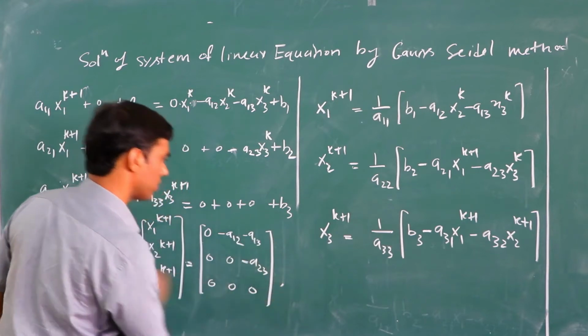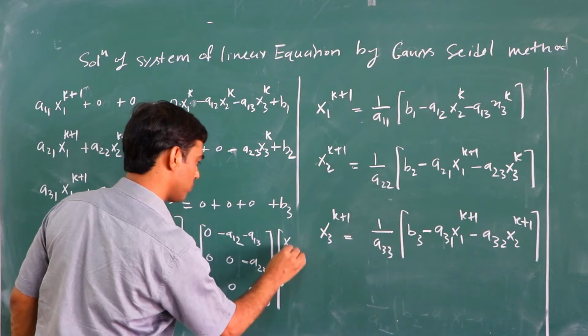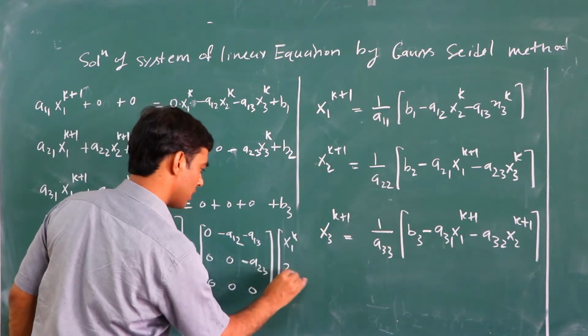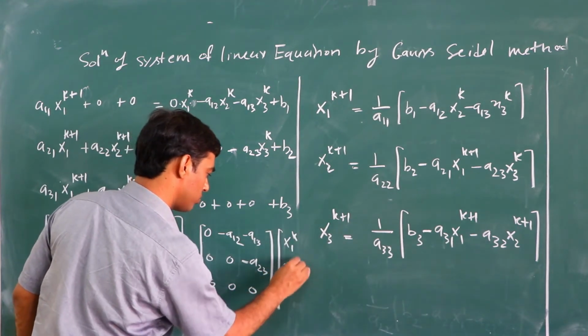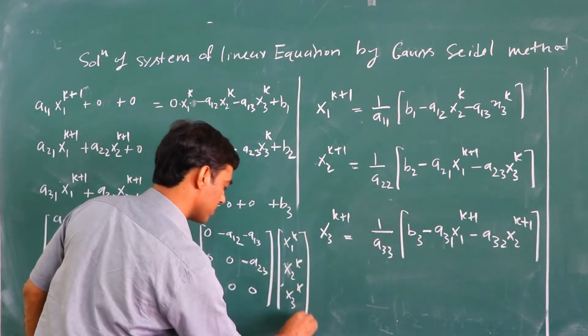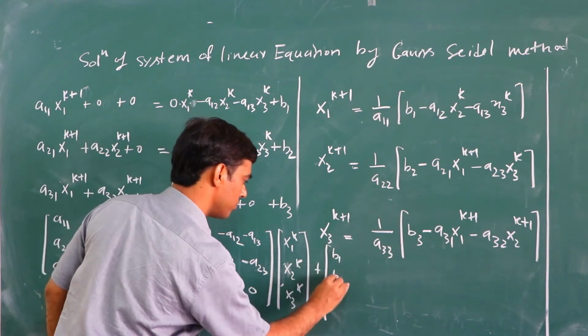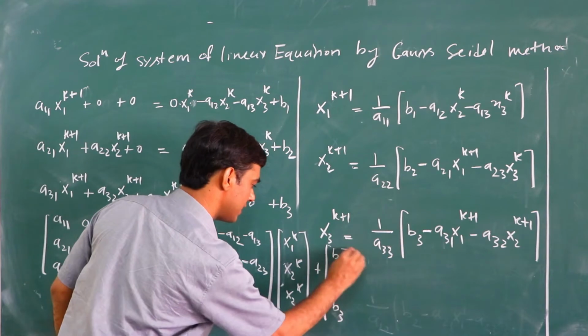This is multiplied by x1 k, x2 k and x3 k, plus b1, v2 and v3.